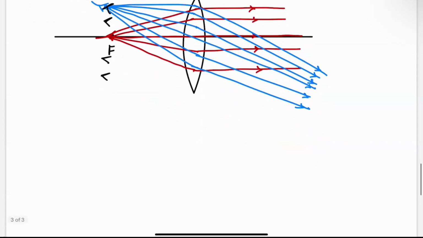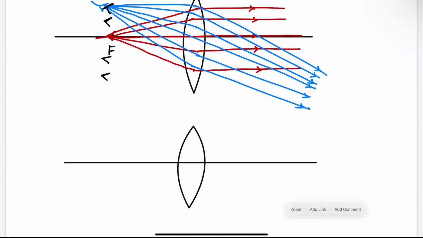Okay, so the idea is this. Let's say I have the same lens again, something like this. Focus here, right? And I have a set of antennas here.